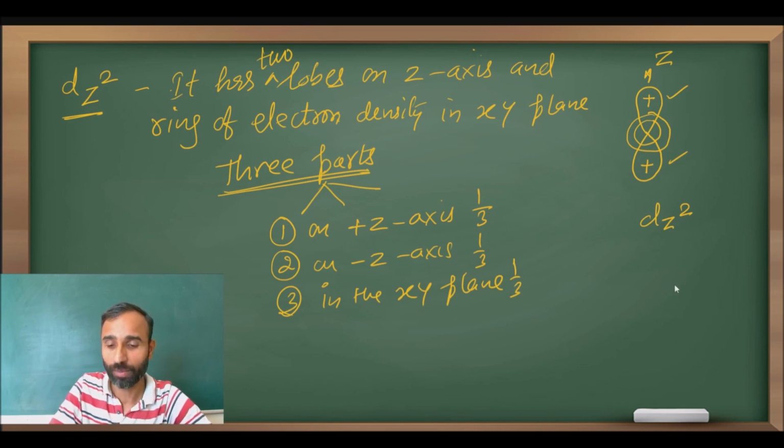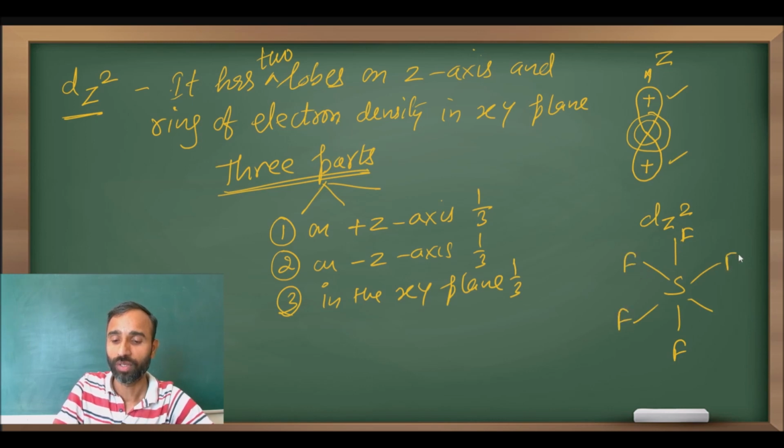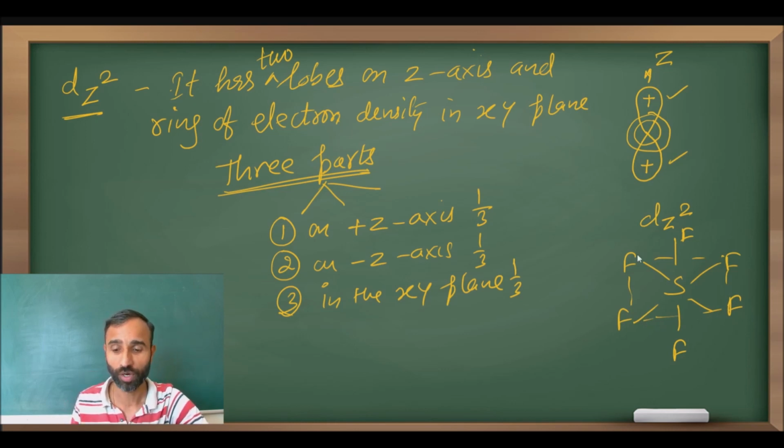Now come to the shape. On the positive z axis, there is one hybrid orbital. On the negative z axis, there is again one hybrid orbital. 2 bonds are on the z axis.